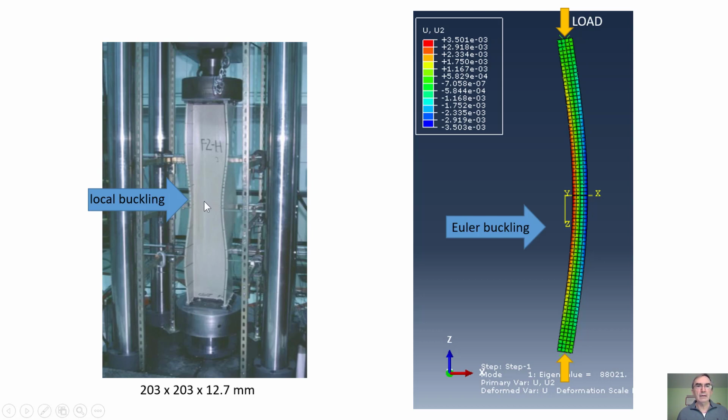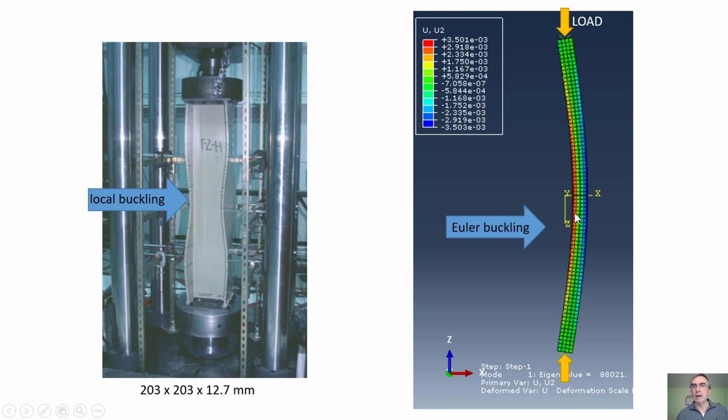And on the other hand, if the column is long, or properly speaking slender, then when you apply the load, the column will buckle in a traditional Euler buckling mode, which you studied in mechanics of materials courses. And there is the Euler formula to predict this. So if the column is really stubby, short, not slender, then we can predict the local buckling load confidently.